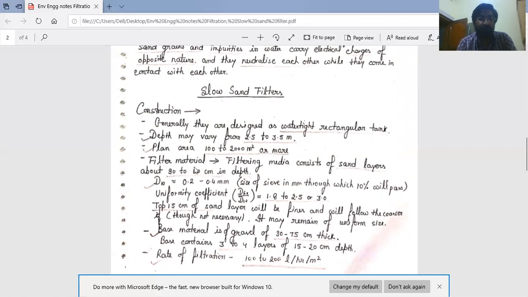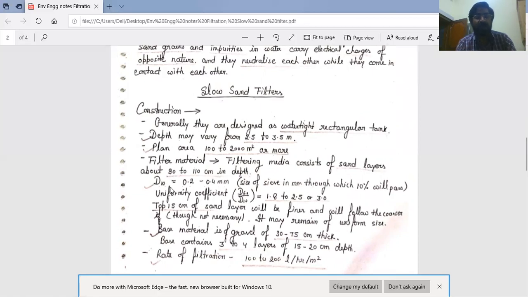Filter material: the filtering medium consists of sand layers about 90 to 110 centimeters in depth, and the configuration of sand particles is D10, which means 10% finer than this diameter, equal to 0.2 to 0.4 mm.